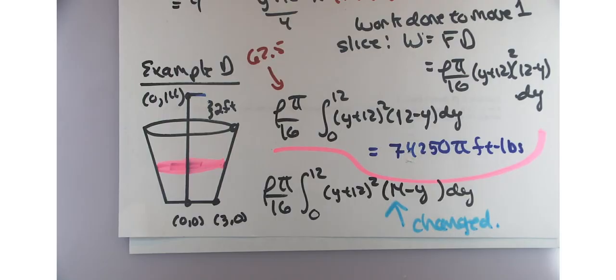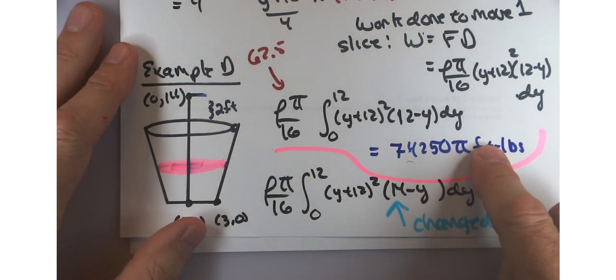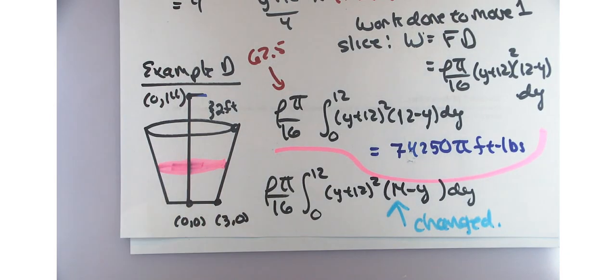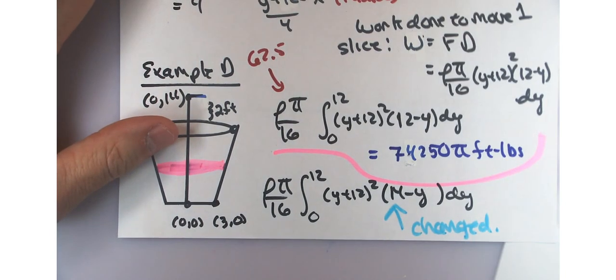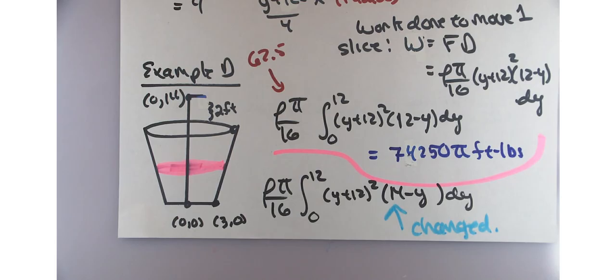It should be more work than what we did here because you've got to move that slice a little bit farther. Nice, nice. Okay. Comments on that one? Are we okay with example D?